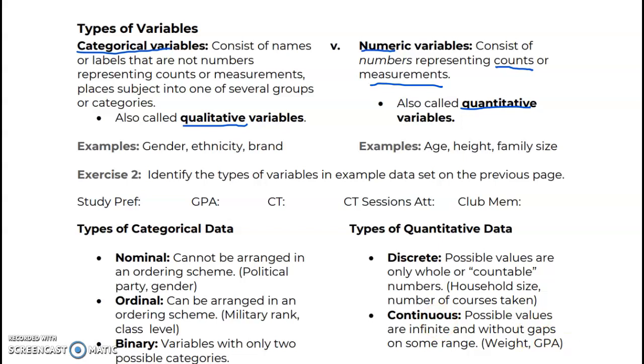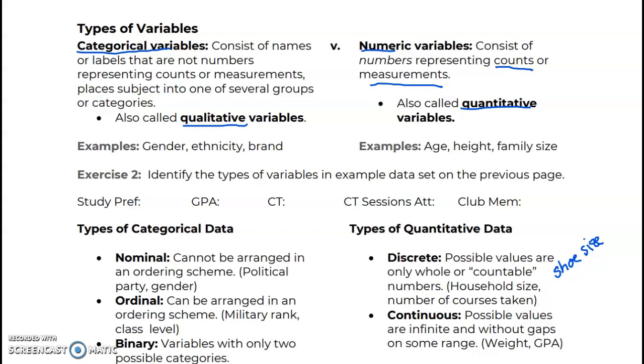On the other hand, for the numeric variables, we have discrete versus continuous data. Discrete data is countable data. Oftentimes that is whole numbers, such as number of students, household size, number of courses taken, but it also could be countable half numbers, such as shoe sizes, where we have size 5, 5.5, 6, 6.5.